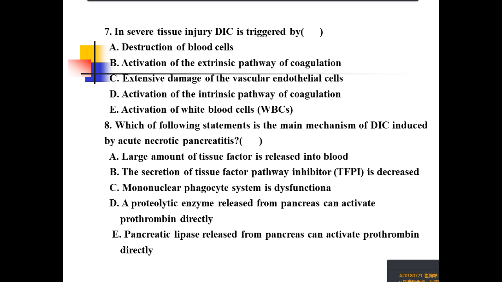Tissue damage: A. Tissue factor. Now, it also damages VEC, but the most is the intrinsic coagulation pathway.